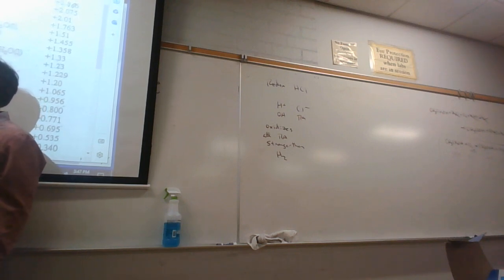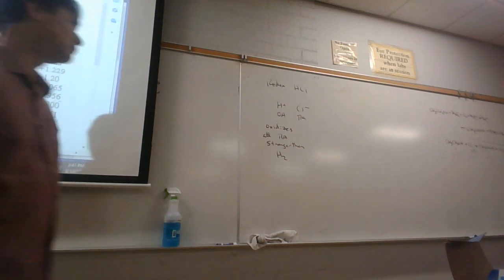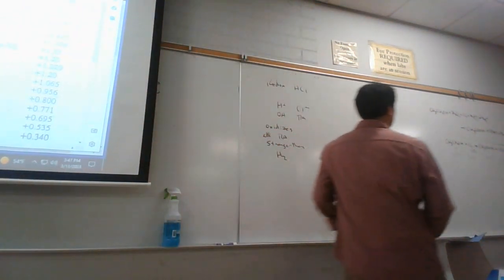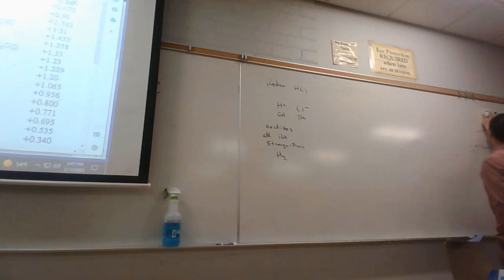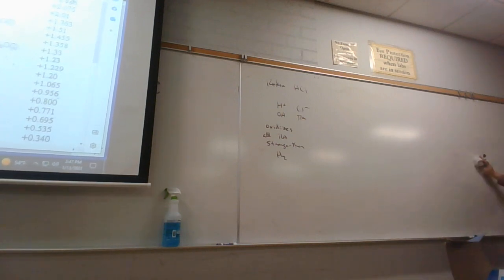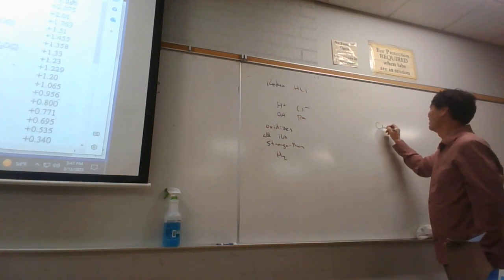What do you call Cr2O7 2 minus? Dichromate. Well, what is chromate though? CrO4. So something's wrong.